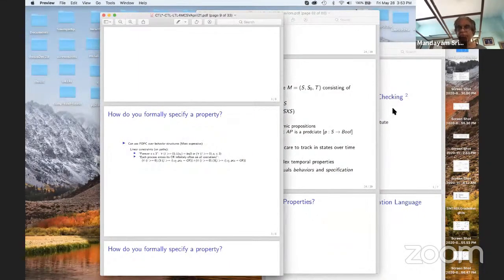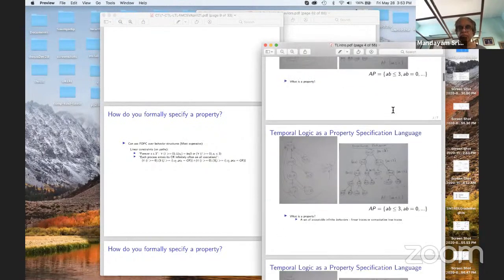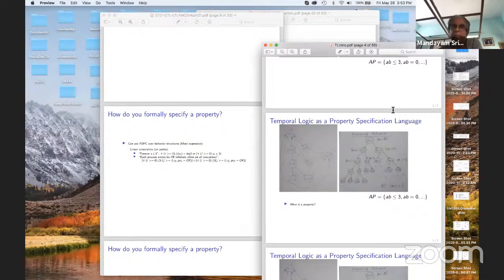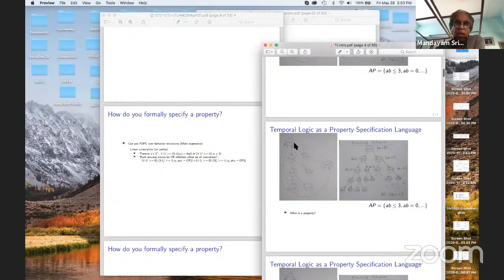If you have linear traces over the mod counter, every execution starting from an initial state satisfies this property, correct?